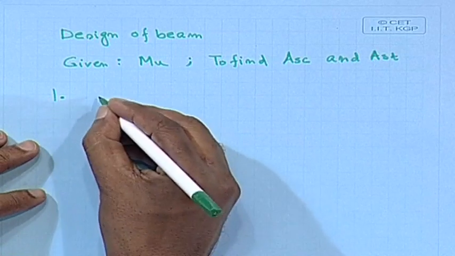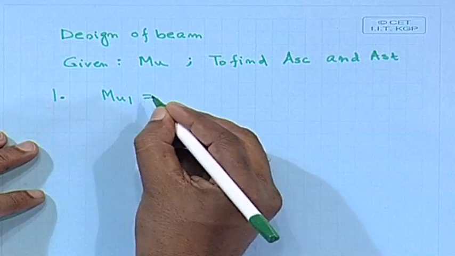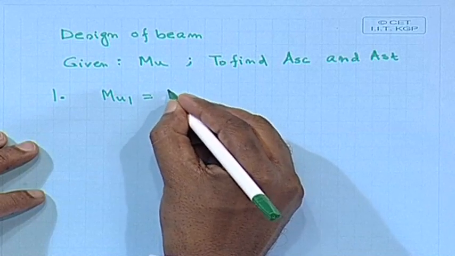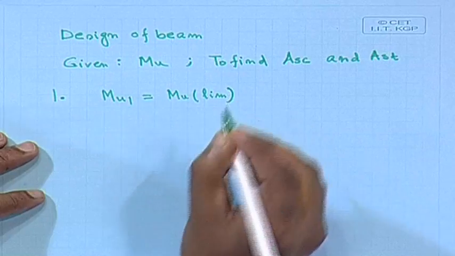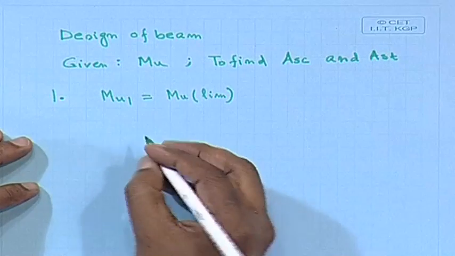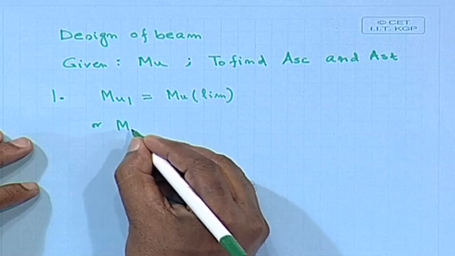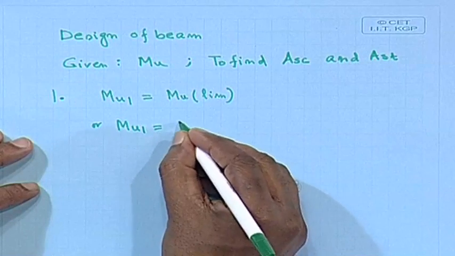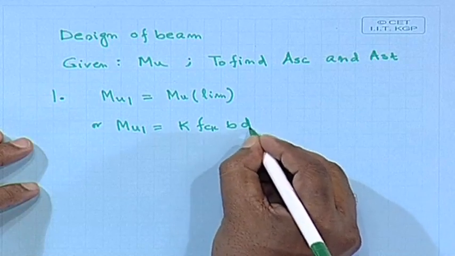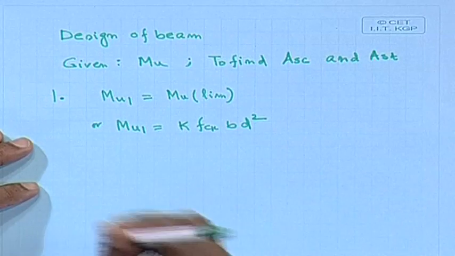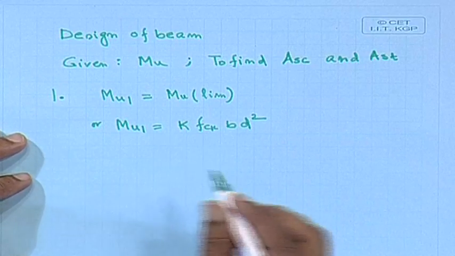Step 1: Find Mu1 equal to Mu lim, the limiting moment, that balanced moment. We can further write Mu1 equal to k fck bd square. You can check with the last note.